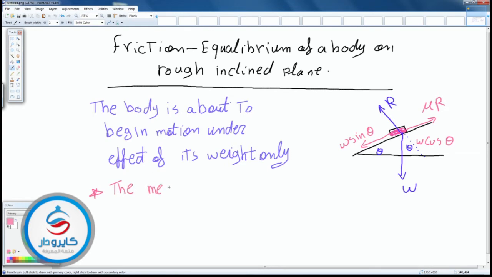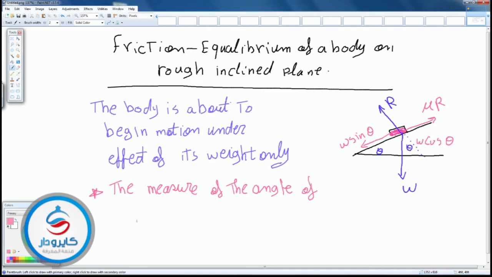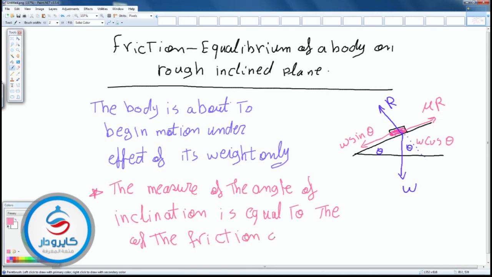The measure of the angle of inclination is equal to the measure of the friction angle. طيب تعالوا نحط نوت كده صغيرة.